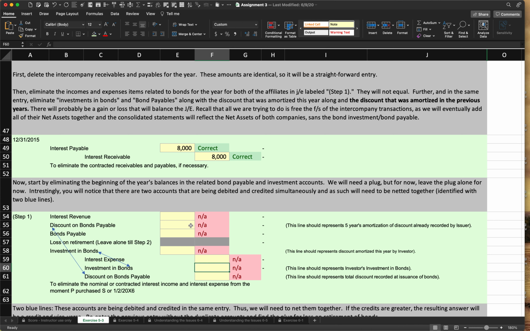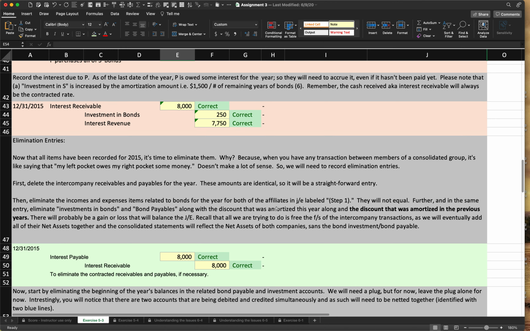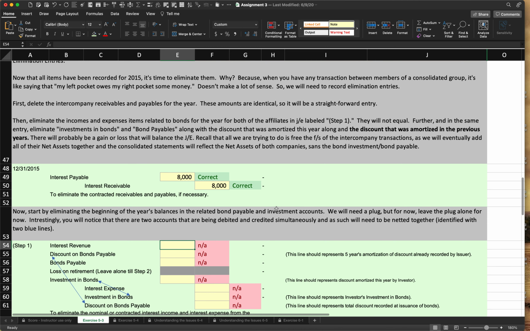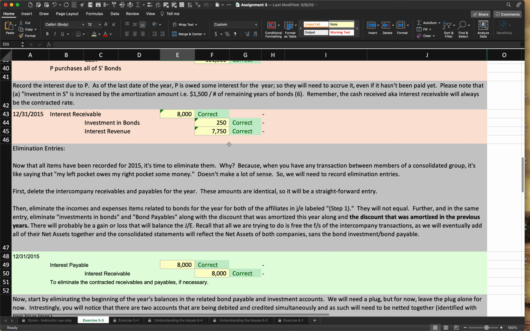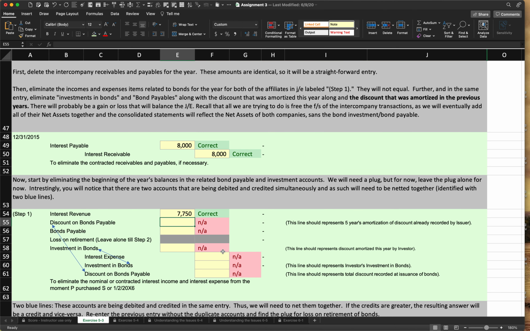So let's start with the parent. The interest revenue the parent recorded is up here, 7750. I'm just going to jot that down here as a debit. It was previously credited. And from the parent's point of view, we also had investment in bonds.